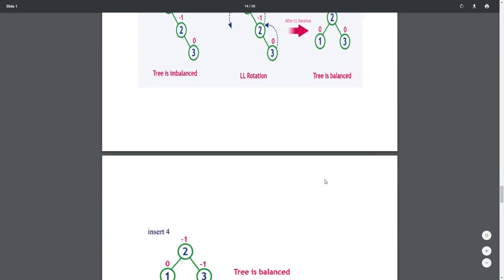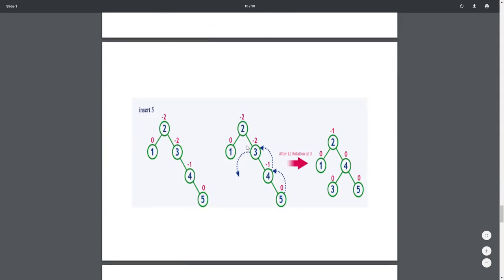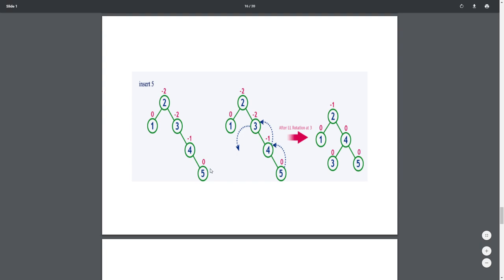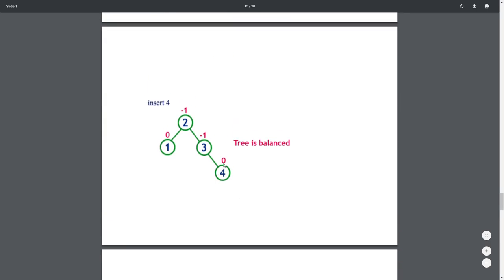Now the tree is balanced. Insert 4. If we insert 4, the tree is still balanced. Insert 5. If we insert 5, then it is unbalanced, with balance factors minus 2 and minus 2. Now we consider which is the critical node. We have to come from this 5, because up to 4 the tree is balanced.